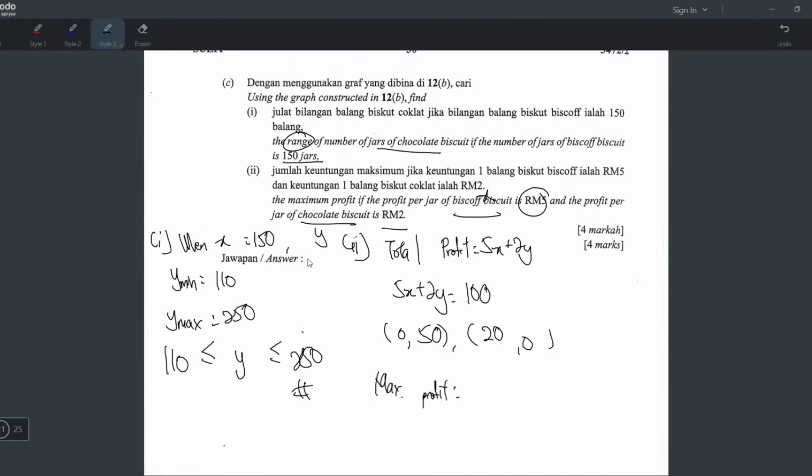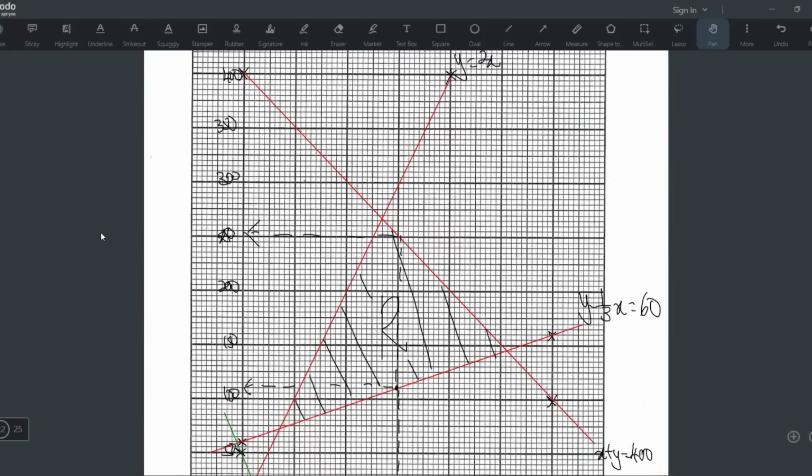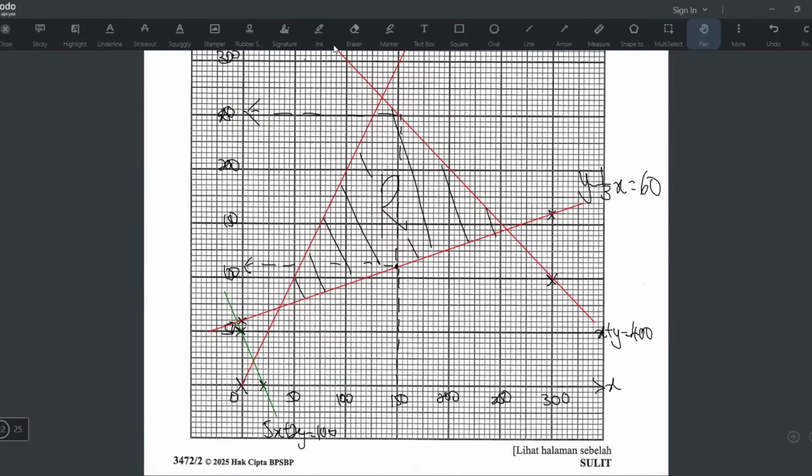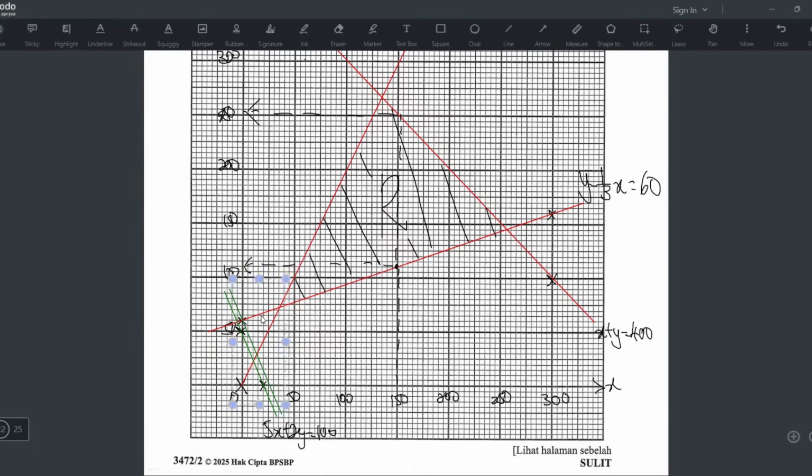So what I will do is take the answer, and the answer will always be at the corner. But you have to slide the line until you reach the last corner. So I will copy and paste like that, and then slowly slide like this. You realize that when I slide like this, the line stays parallel.